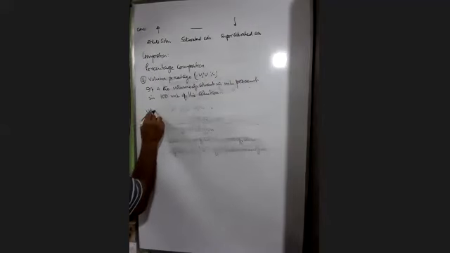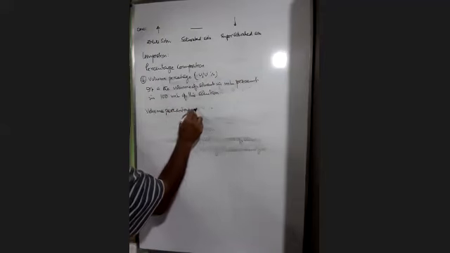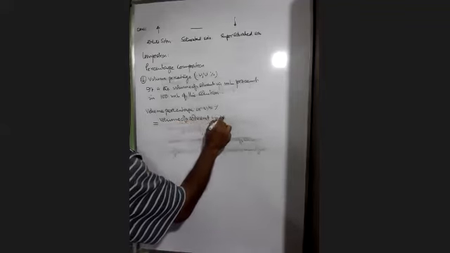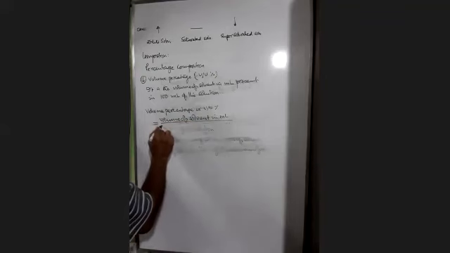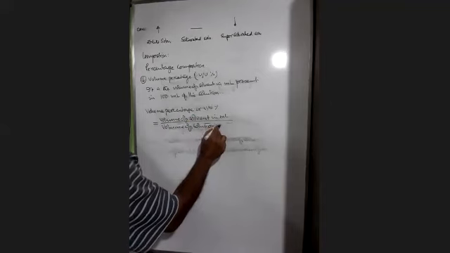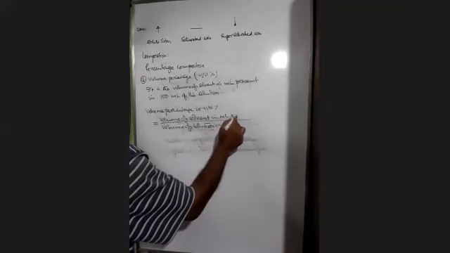So what we can write mathematically, volume percentage, or V by V percent, is volume of solvent in ml, and volume of solution in ml into 100.